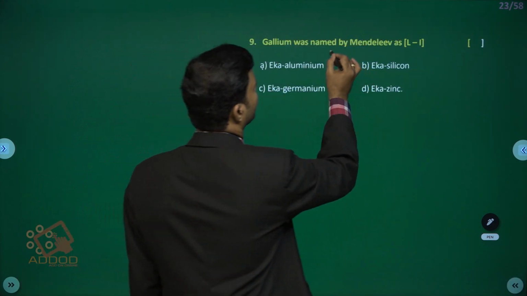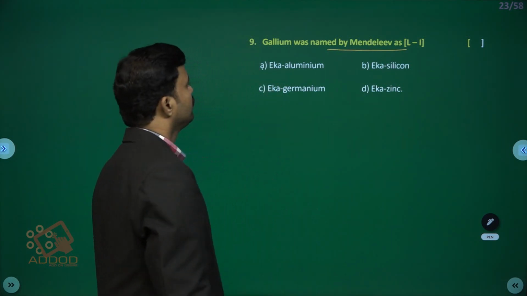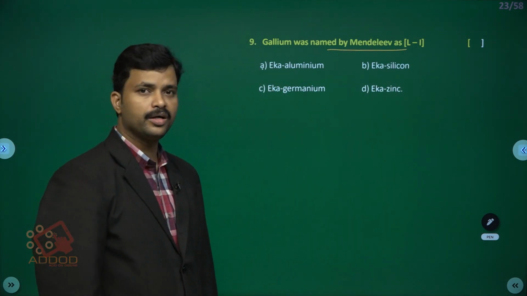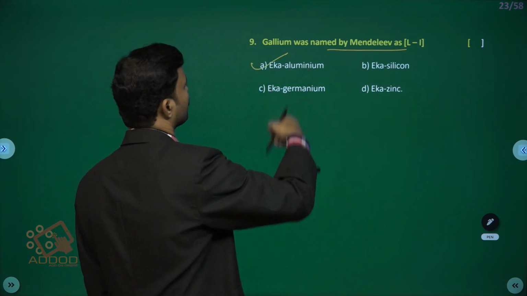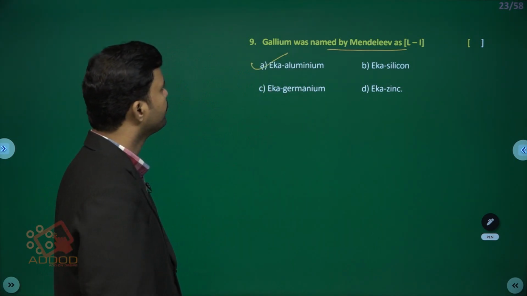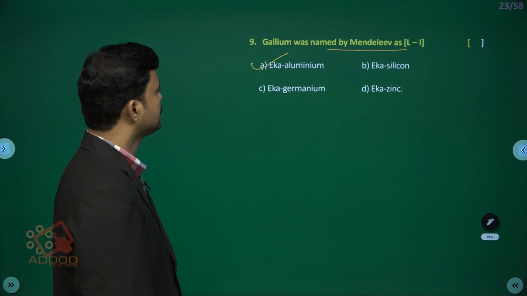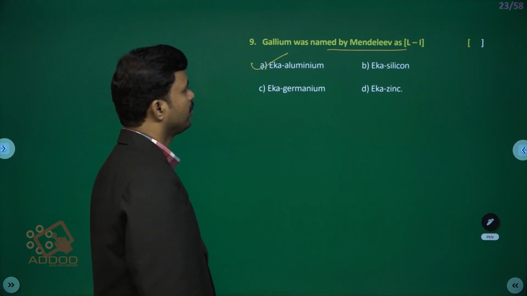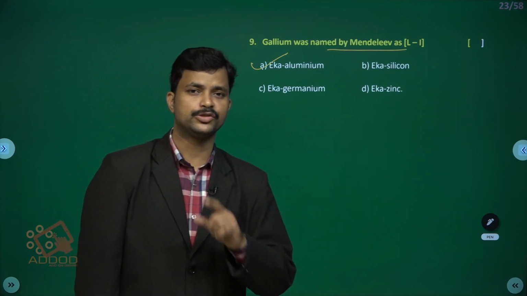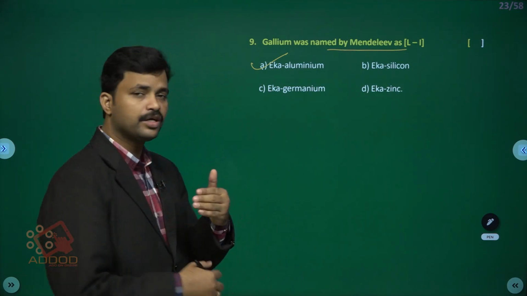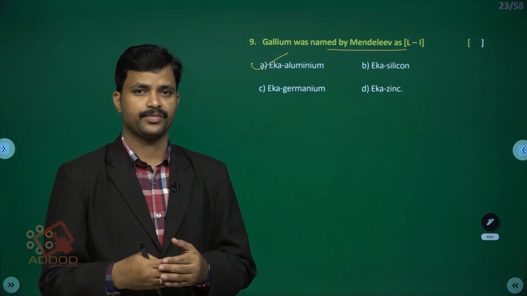Gallium was named by Mendeleev as Eka aluminum, Eka silicon, Eka germanium, right? Eka means one in Sanskrit. In front of aluminum there is a space.